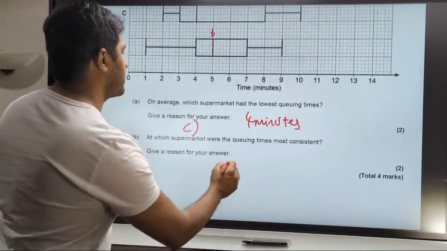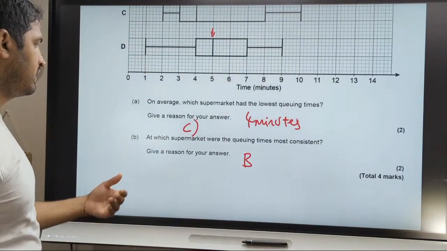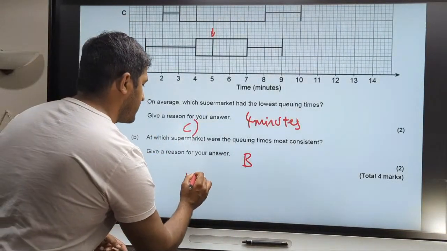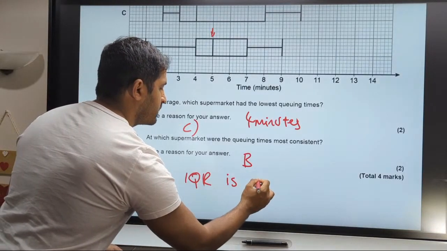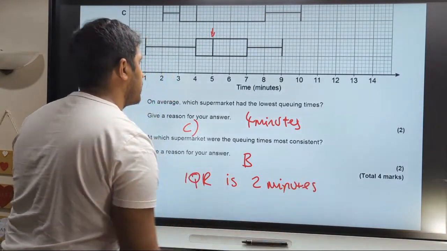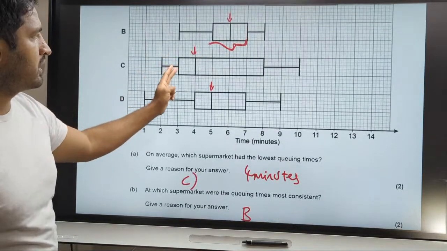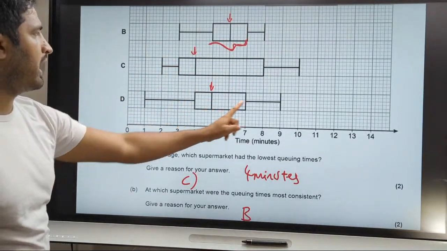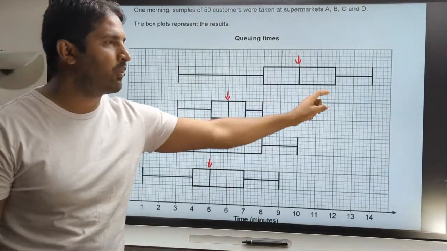So it's supermarket B. The reason: the IQR, interquartile range, is just 2 minutes, and that's the smallest out of everyone. The other is an interquartile range of 3 minutes, and that's 8 take away 3, which is 5 minutes. That's 2 minutes, and that's 4 minutes.